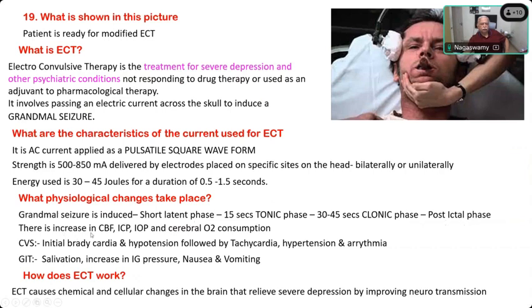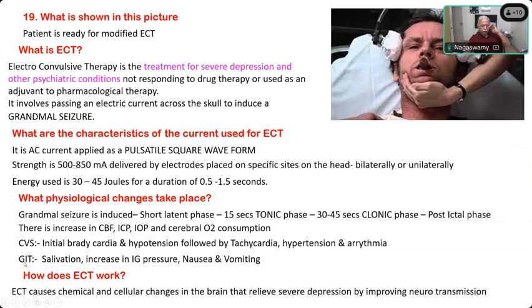During the grand mal seizure there will be increase in CBF, cerebral blood flow, ICP, IOP, and cerebral oxygen consumption. The cardiovascular response to the stimulus is initial bradycardia and hypotension, followed by tachycardia, hypertension, and arrhythmia. In the GIT, there is increased salivation, increase in intragastric pressure, nausea, and vomiting.